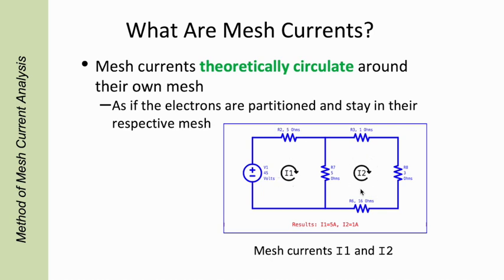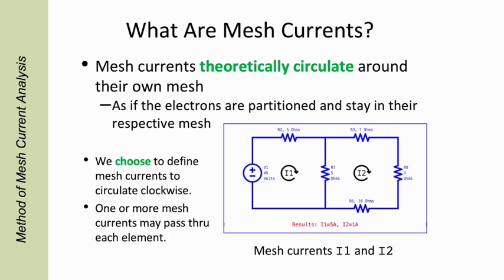Here's mesh current I2. And with these theoretical currents, it is as if the electrons are partitioned to stay in their respective mesh, as if the electrons associated with mesh 1 are only circulating around in this mesh. And that's separate from the electrons circulating around in mesh 2. This is a theoretical decomposition.